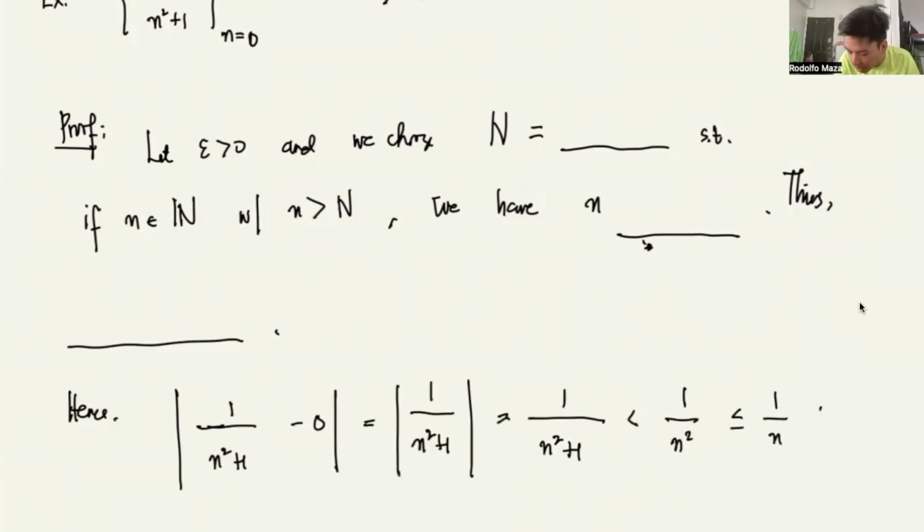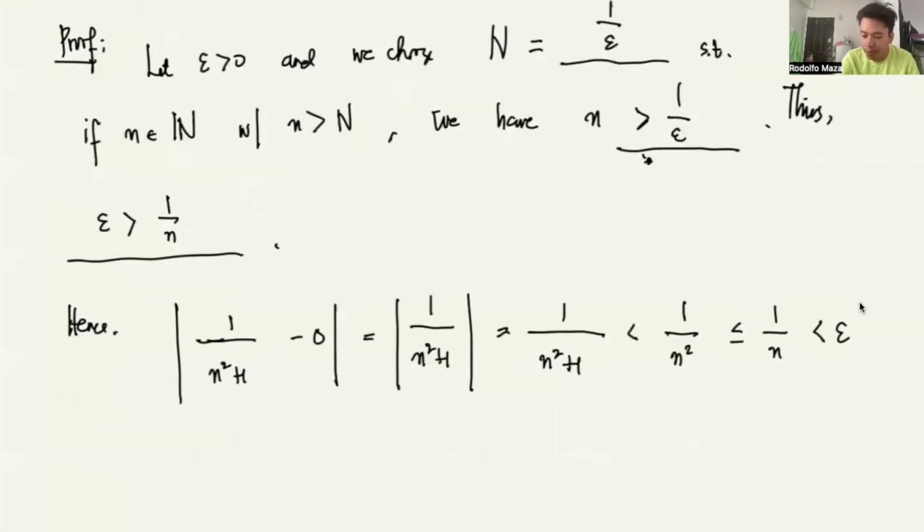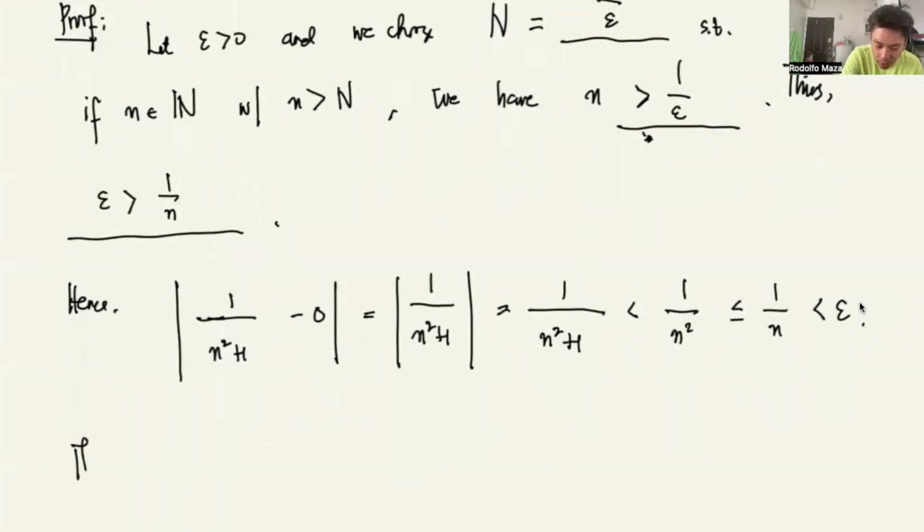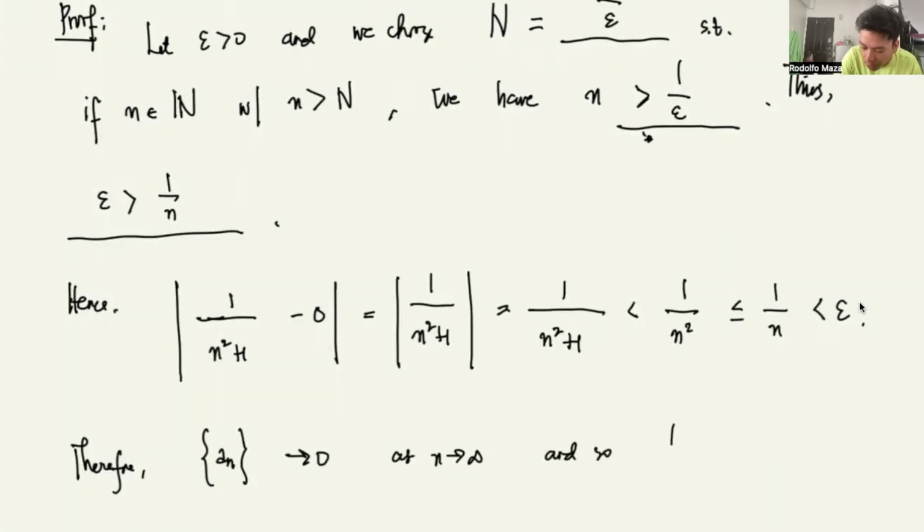So we want this to be less than epsilon. So that means n is greater than 1 over epsilon, and so epsilon is greater than 1 over n. So we can put this as epsilon. There. So we have proven it. So therefore, your an converges to 0 as n approaches infinity. And so, the limit of your an as n approaches infinity is 0.